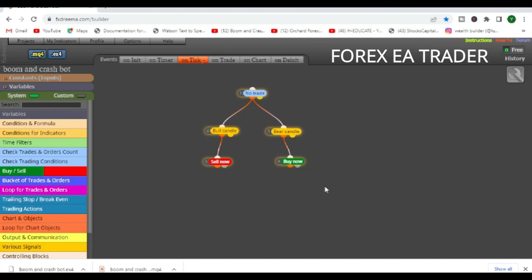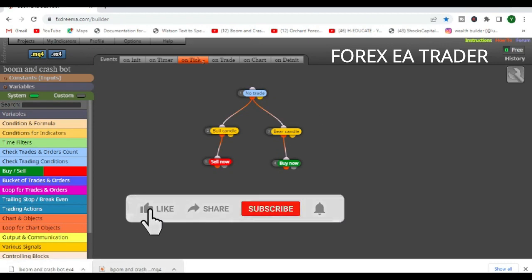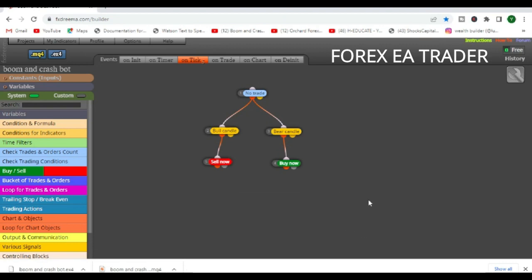I just demonstrated how you can create your Boom and Crash robot. Other than that, I hope you go ahead and test this and see if it works. If it doesn't, at least I've given you an idea of what you need to be thinking about for creating that Boom and Crash robot.